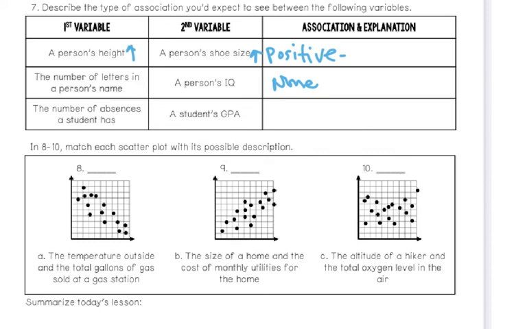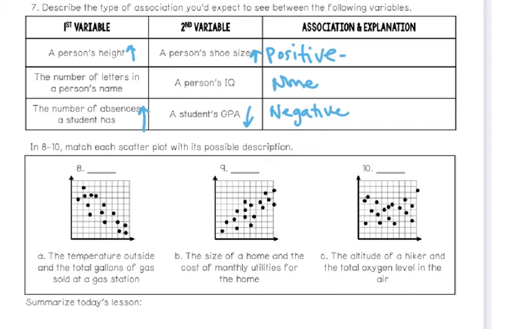The next example is the number of absences a student has and a student's GPA. If a student is gone a lot, and that is increasing, what's going to happen to the student's GPA? That is most likely going to be decreasing. So we would consider that a negative correlation, or a negative relationship.